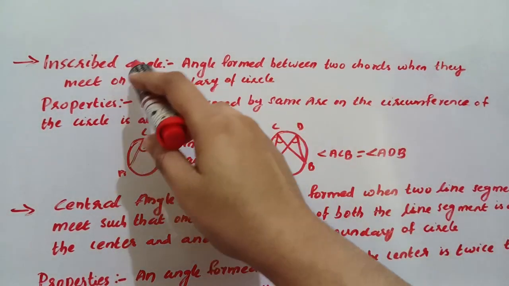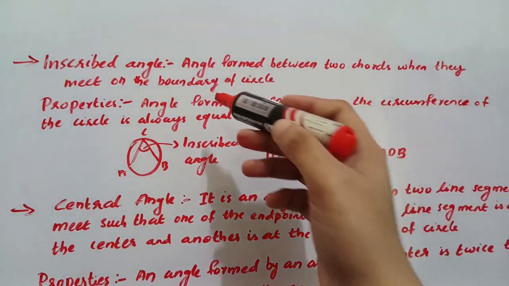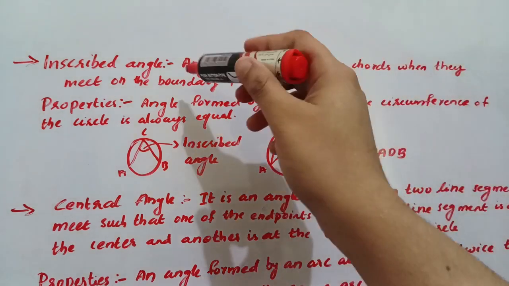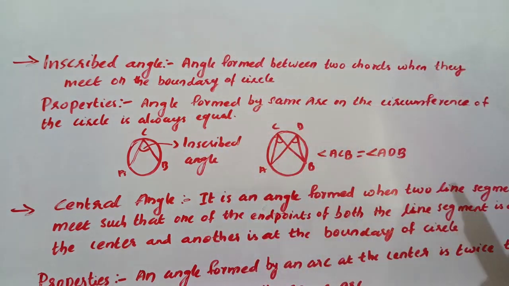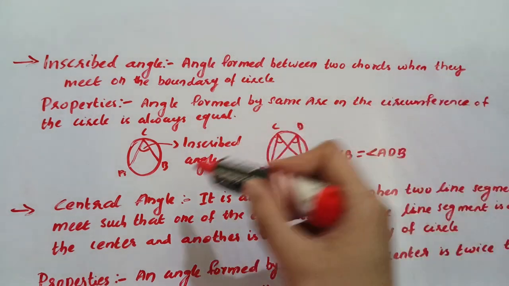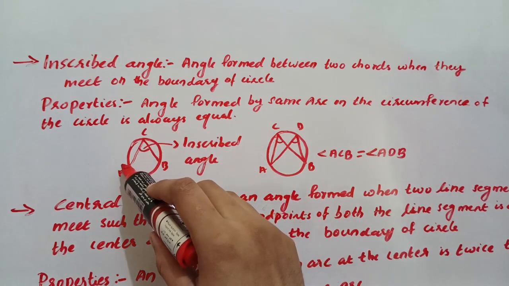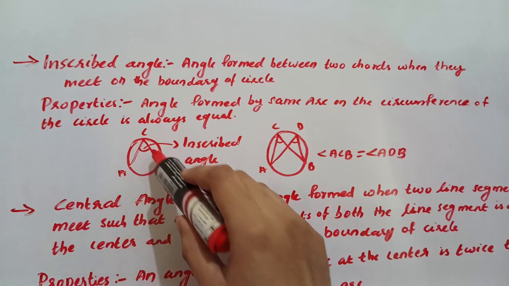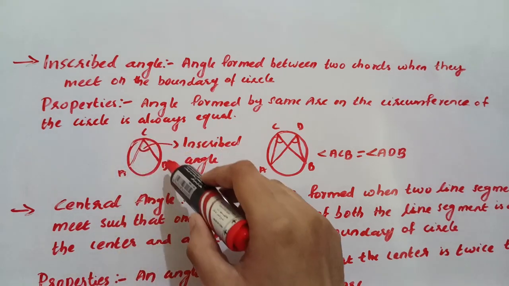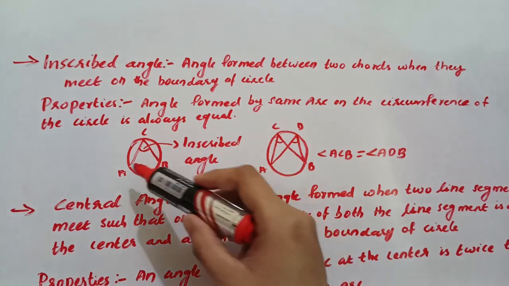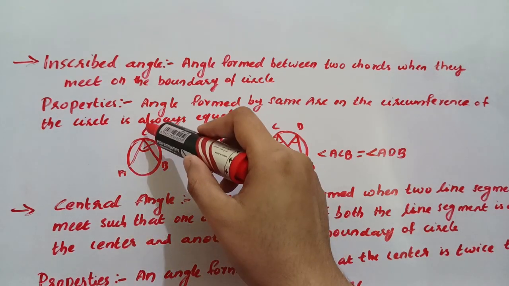Next we can look inscribed angle. Inscribed angle is formed between two chords when they meet on the boundary of circle. Here figure shows inscribed angle. It is the angle between two chords. AC is the chord, BC is the chord.